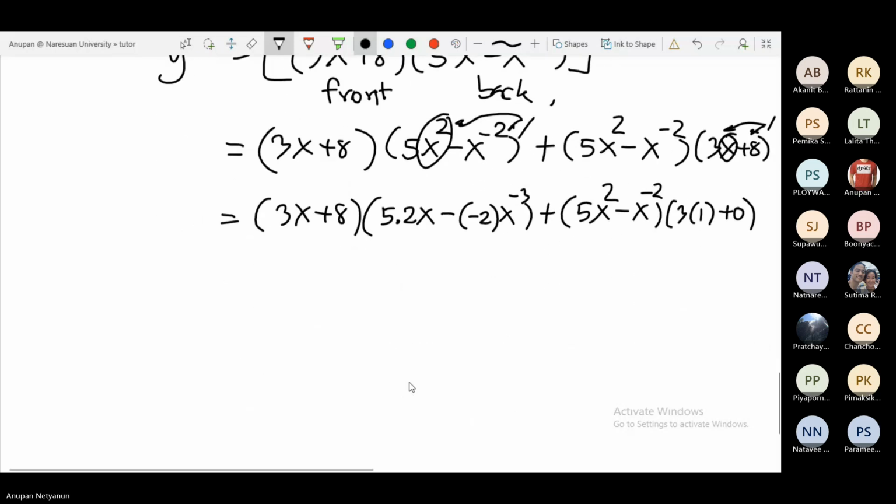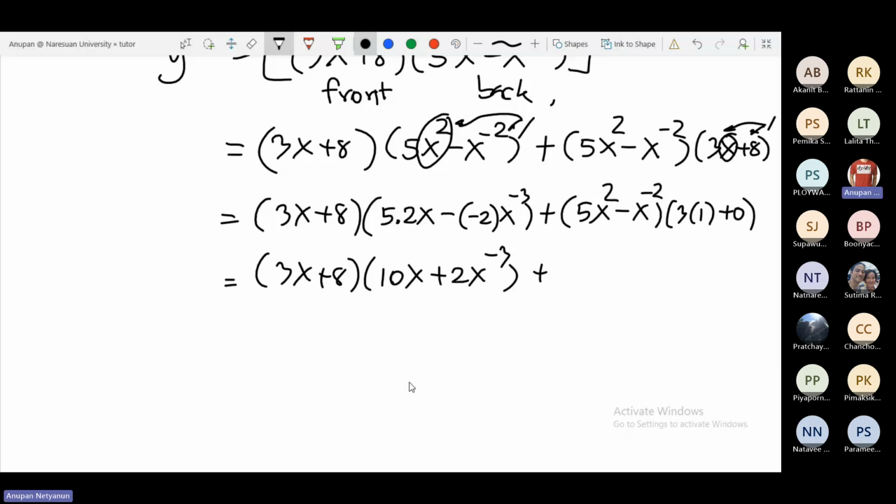Okay. So simplify 3x plus 8. I have 10x plus negative times negative becomes positive 2x to the -3, times 5x squared minus x to the -2. This one times 3. Okay.